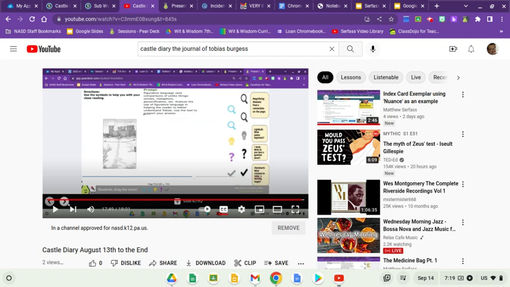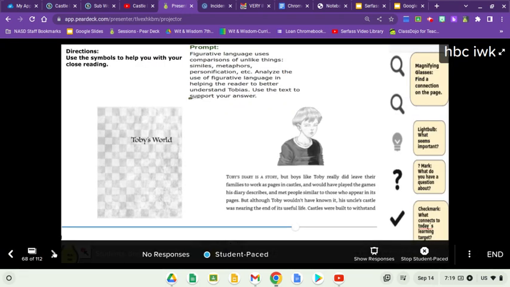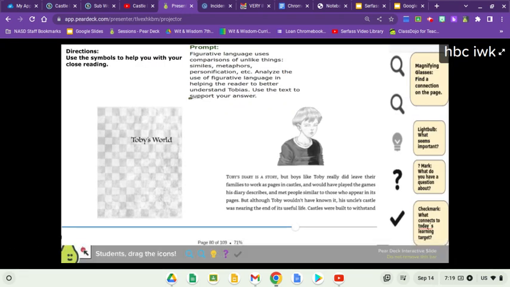If you are without a computer today, make sure you raise your hand first, check with the sub, and go over to the cabinet and get yourself a copy of the Castle Diary so that you can follow along. All right. So once you are done with the book, then you start on Toby's World. This is the part that is nonfiction.